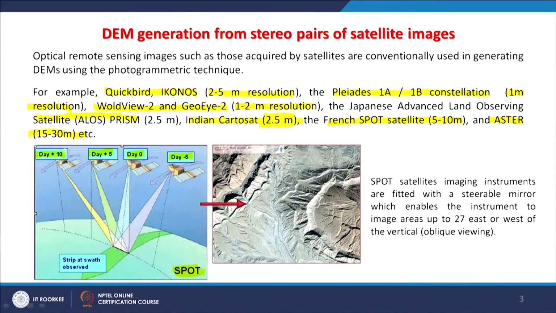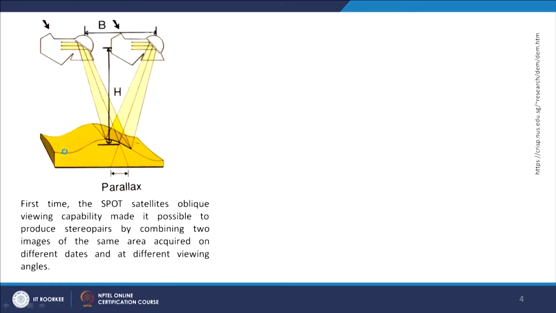And once you have good stereo pairs without any cloud cover differences between the two photographs, it becomes much easier to generate a digital elevation model. And on the right side you are seeing how the digital elevation models can be generated employing this technique.